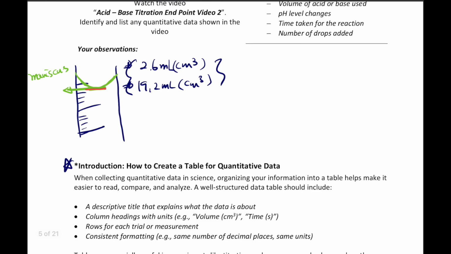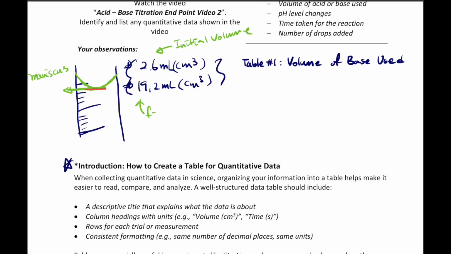So we can say something like table number 1, and then we have to write the title, volume of base used, okay? And then 2.6 is the initial volume that we had, and 19.2 is the final volume that we had.